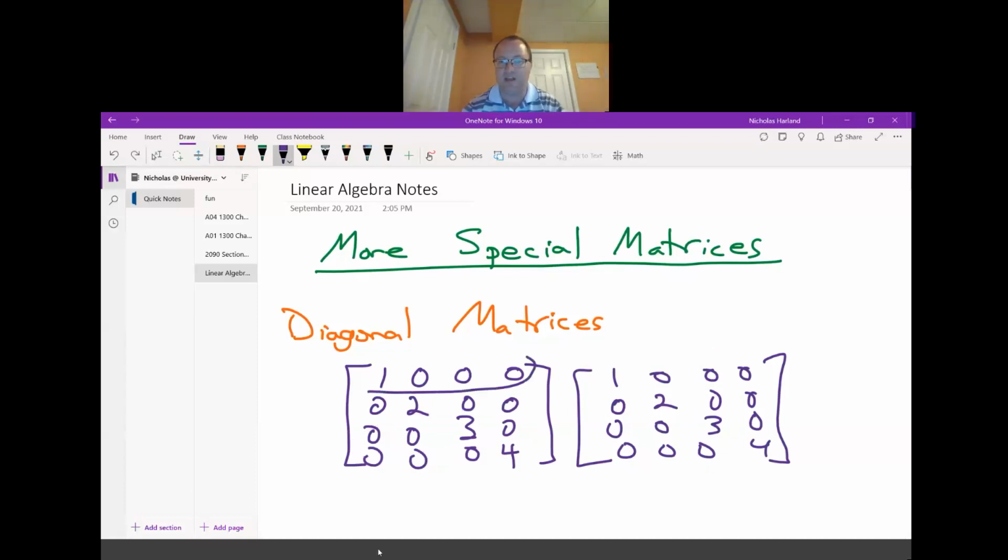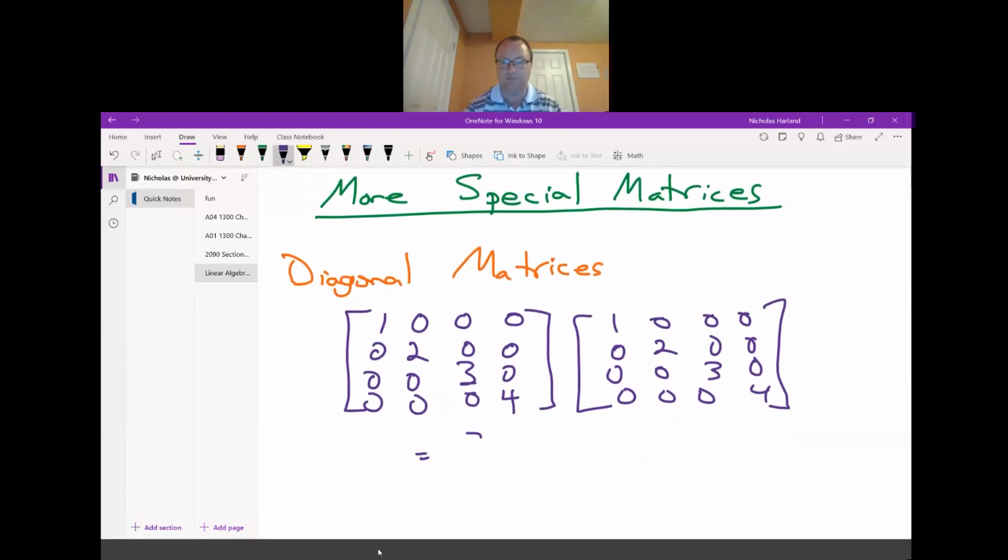But if you took any other entry, let's say first row, third column, we just end up getting 0: 1 times 0 plus 0 times 3, which is 0. So everything off the main diagonal of the product would still be 0. And you'd get 1 squared, 2 squared, 3 squared, 4 squared, and everything off the main diagonal would be 0.